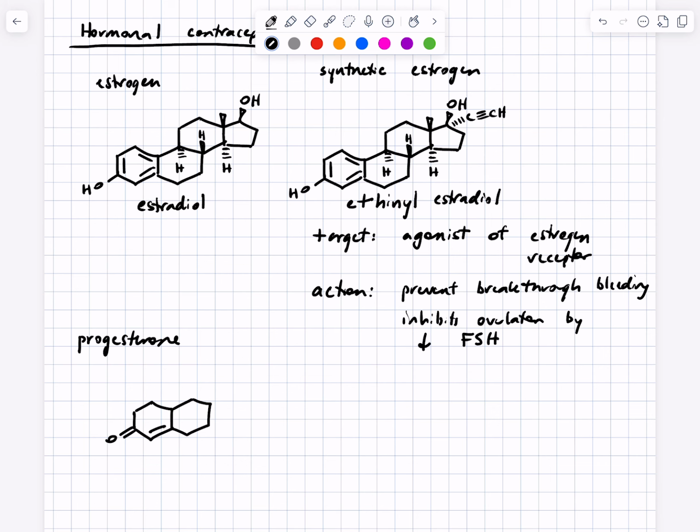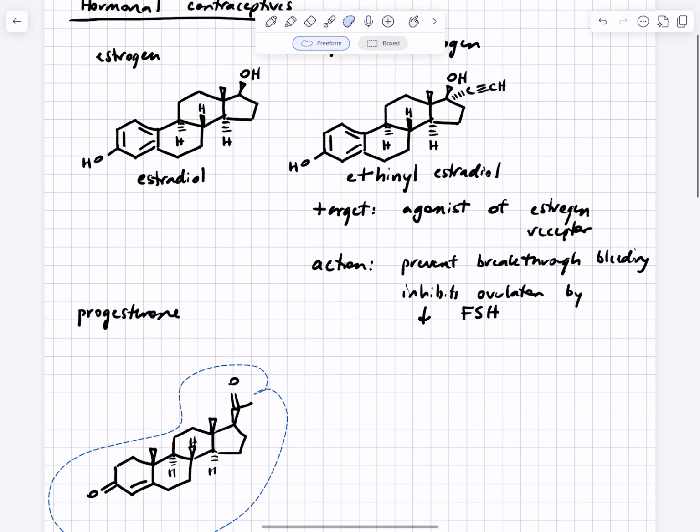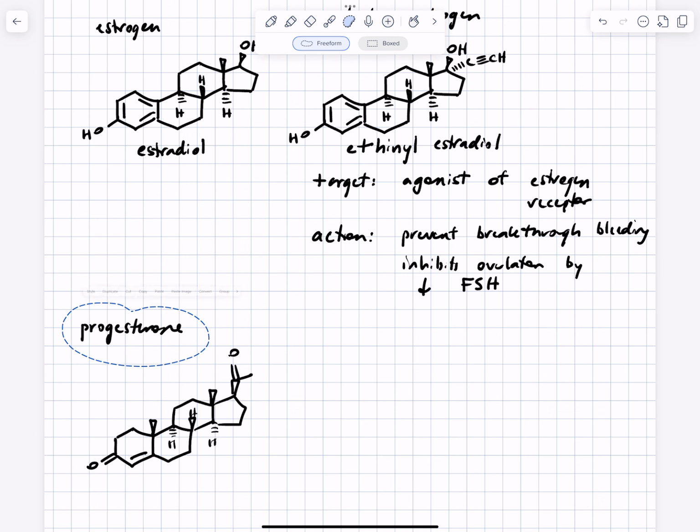Other than that, a lot of the core structure is similar, especially the fused 6-membered rings. And then another 5-membered ring here, a methyl group there, and this time instead of an alcohol, a ketone. So that's natural progesterone.